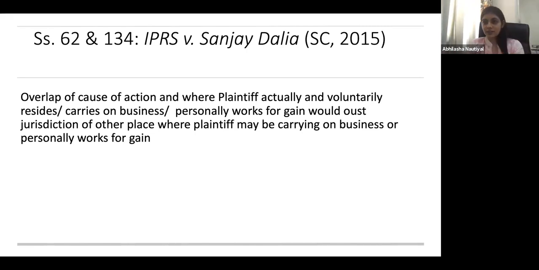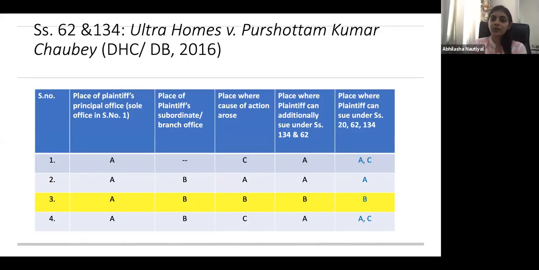Now, this decision has been interpreted by a division bench of the Delhi High Court. If there is an overlap, then like Patel Roadways for a defendant corporation, the division bench of the Delhi High Court has said that in case of an overlap of this nature, the jurisdiction with respect to the principal or sole office of the plaintiff is ousted. This is a decision of Ultra Homes versus Purushottam Kumar of the Delhi High Court.